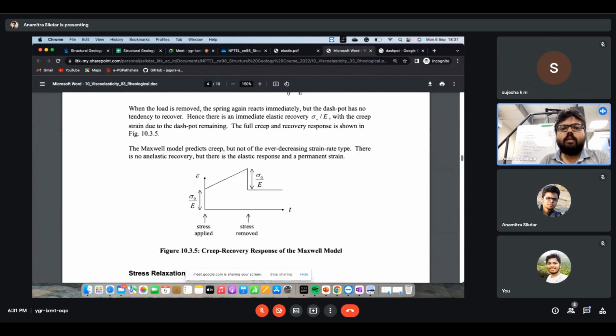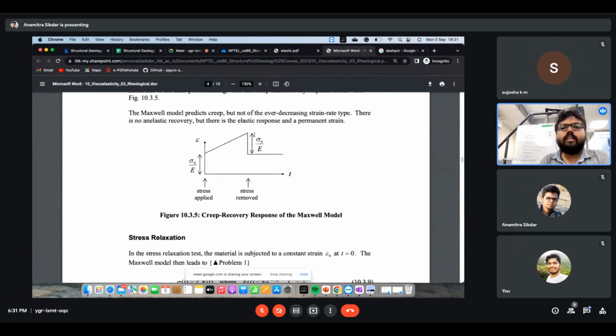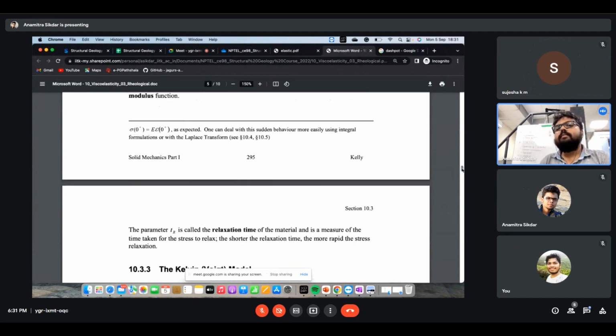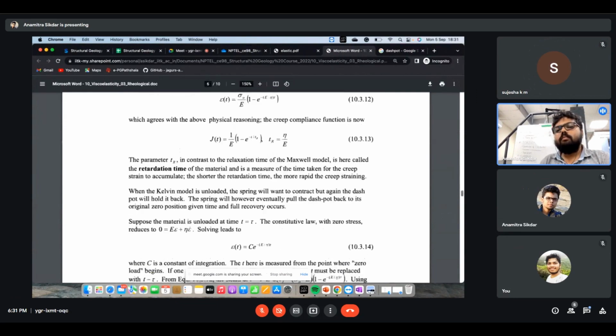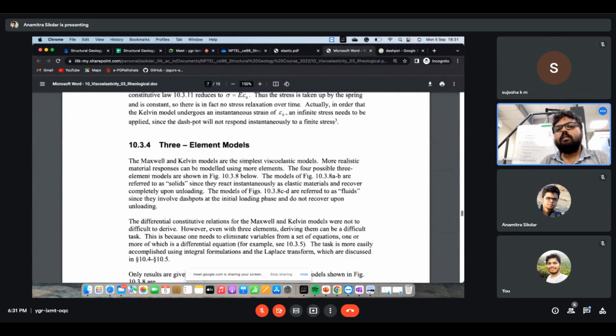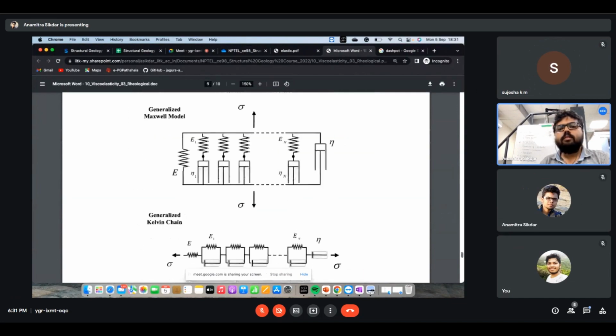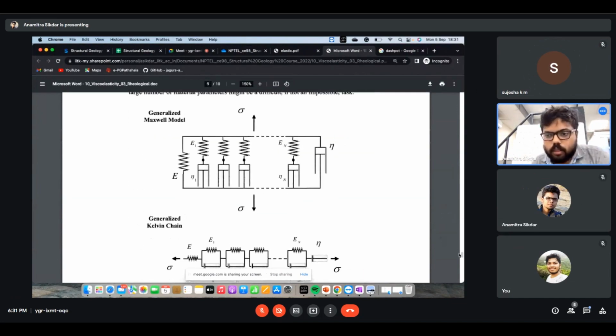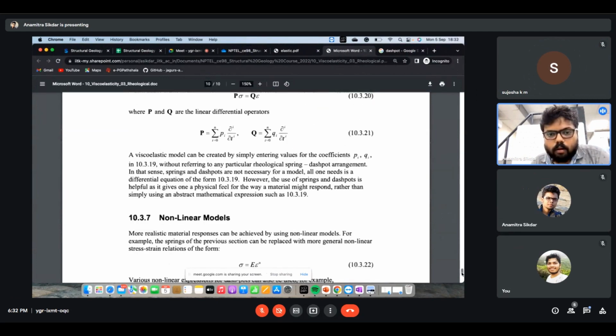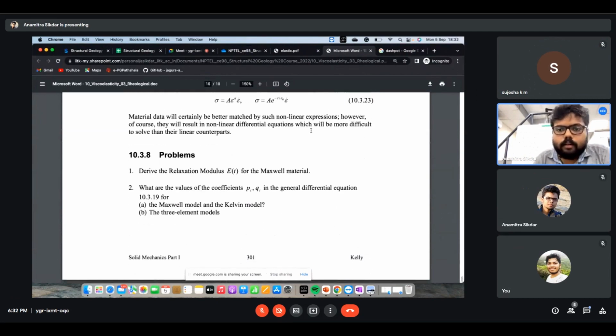But in case of the Maxwell model, the recovery is very instantaneous. We have very little time for the recovery response, right? So there is another model, the Bingham model, or the Bingham plastic, in which we just use a spring and a block.